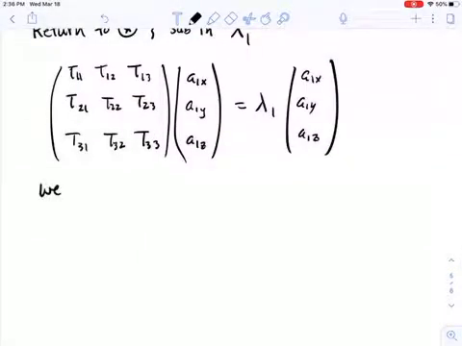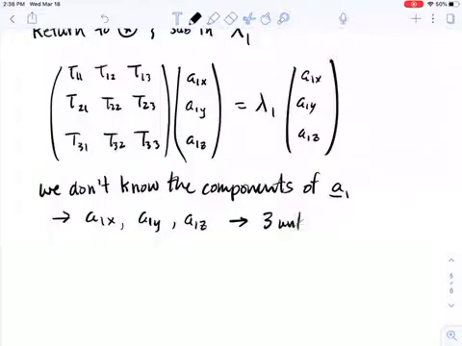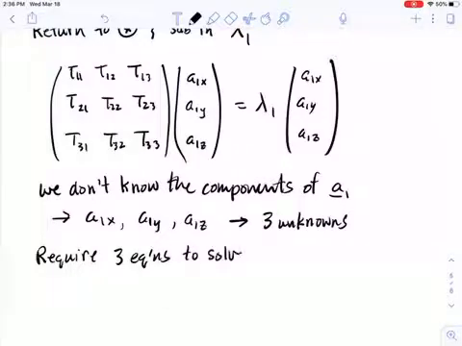So we have 3 unknowns. And what we require is 3 equations to solve for the unknowns.